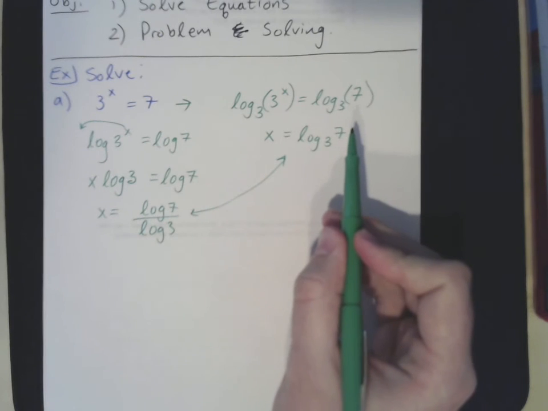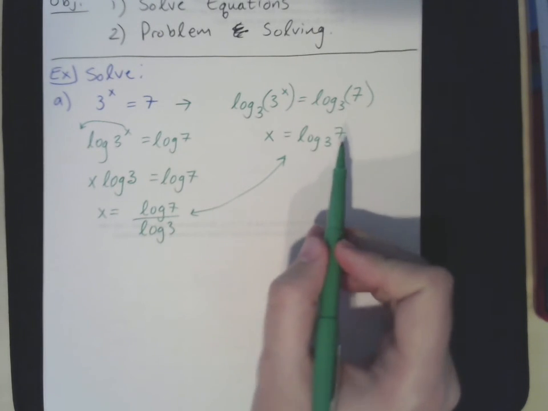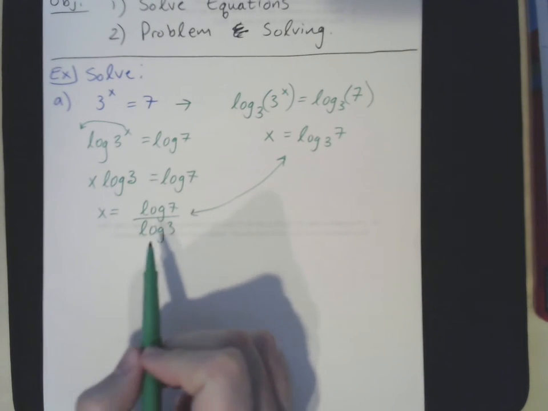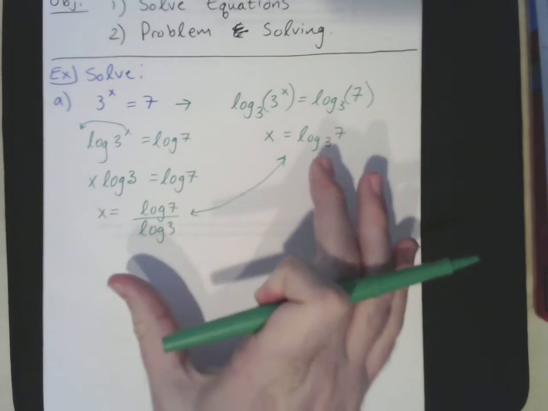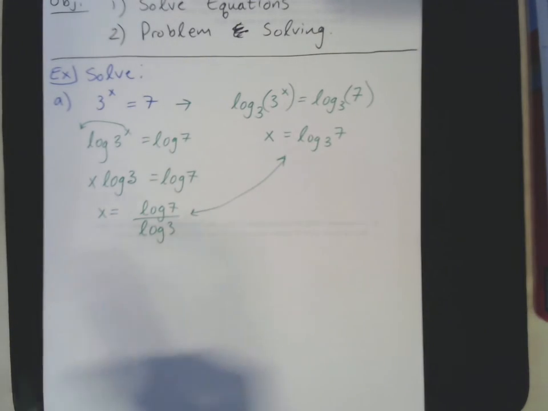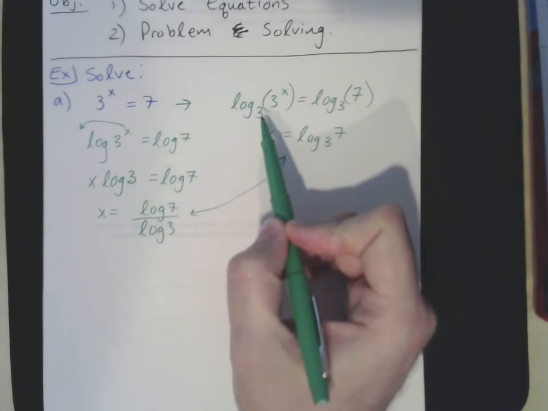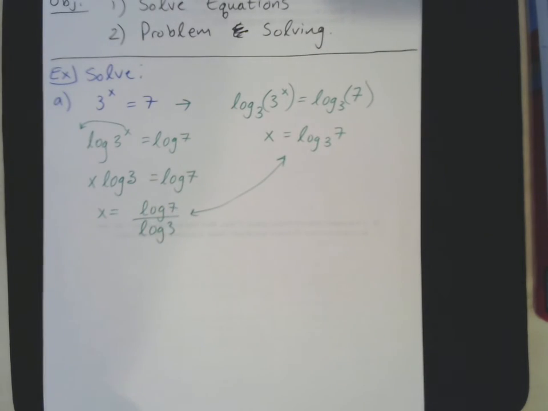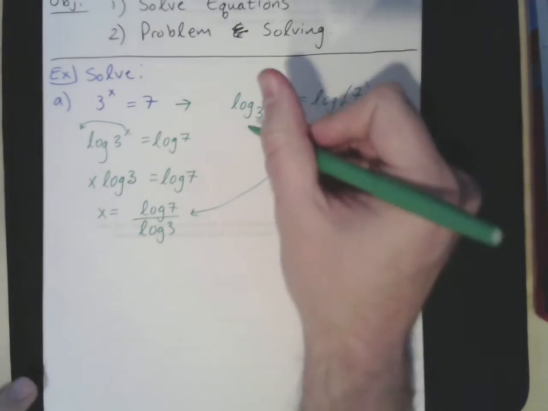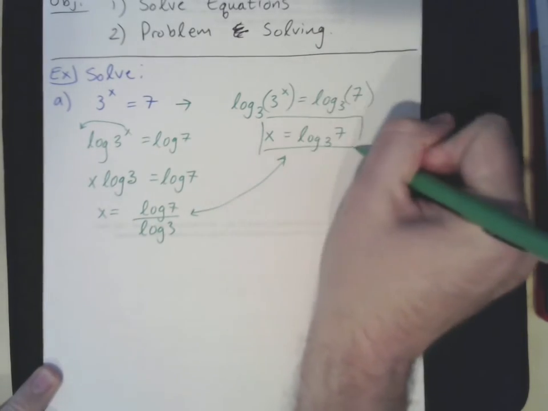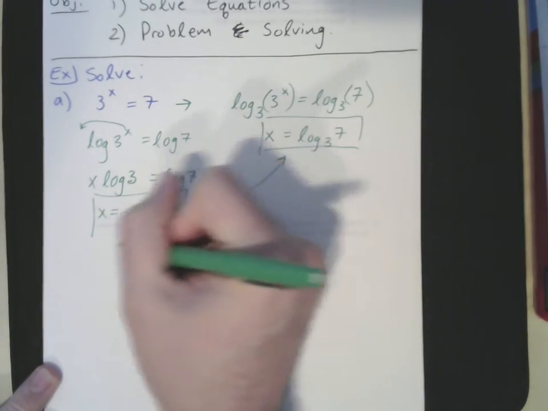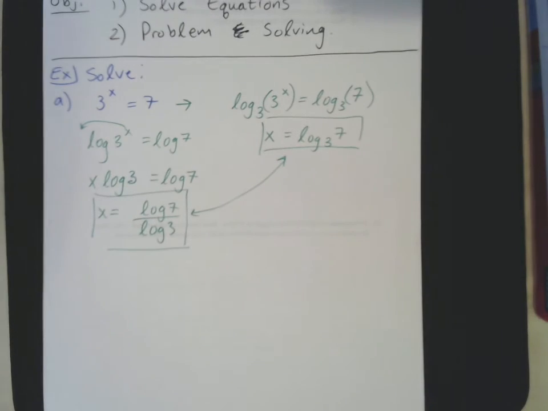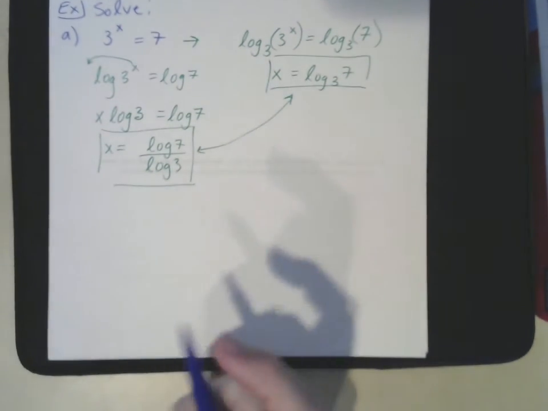Log base 3 of 7 can be switched to the common base by doing log base 10 of 7 over log base 10 of 3. So it doesn't matter what base you choose, the common base, or, as we saw at the end of the last section, the natural log. Either way, these two answers are equivalent and both equally acceptable. It just comes down to how you feel and what you want to do to tackle each problem.